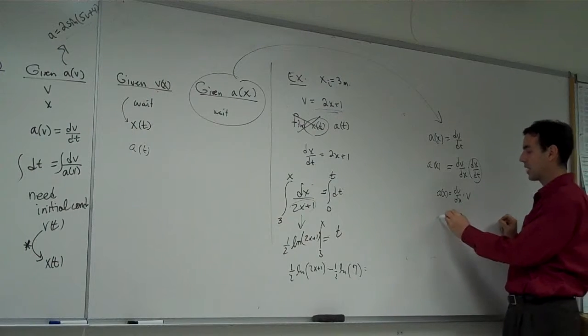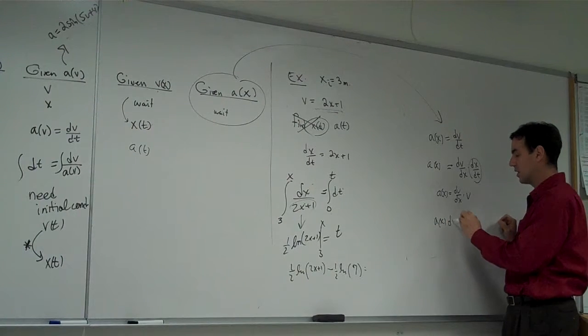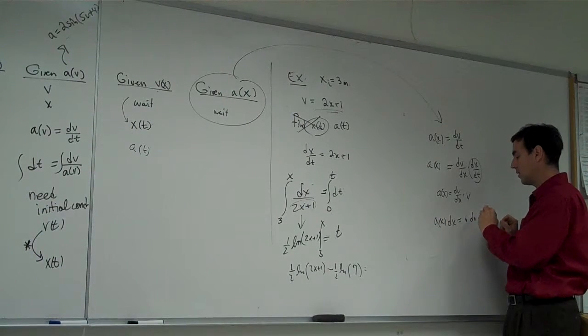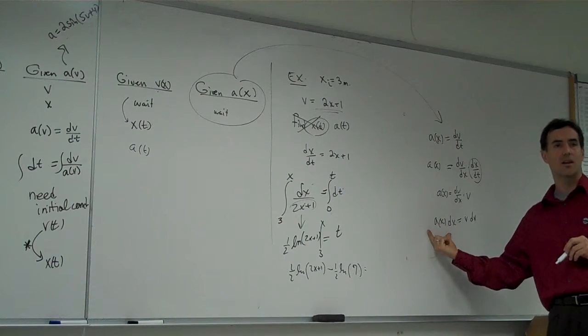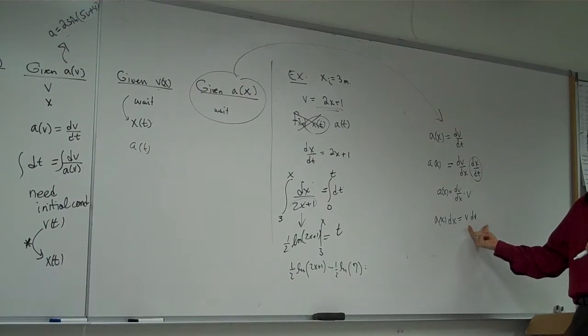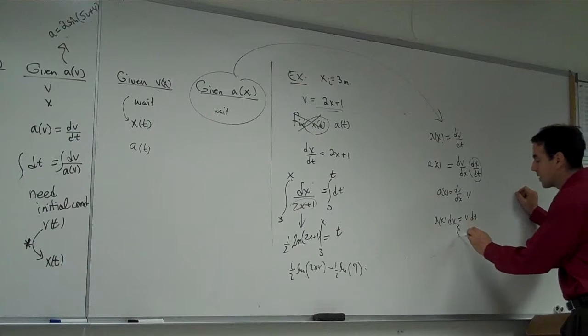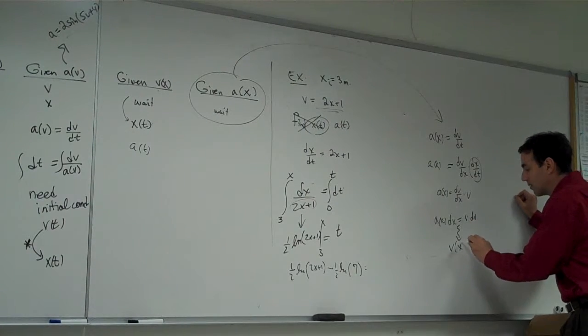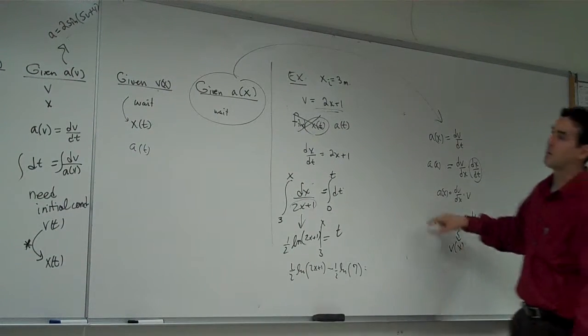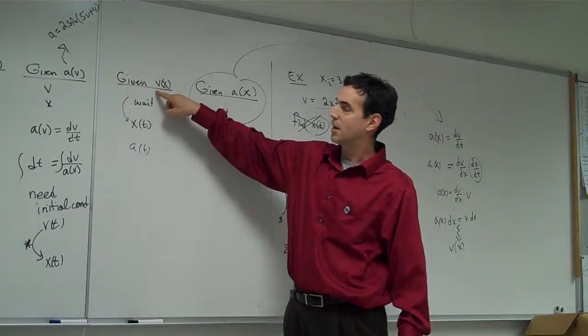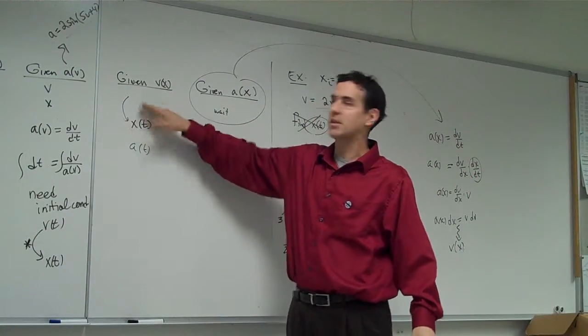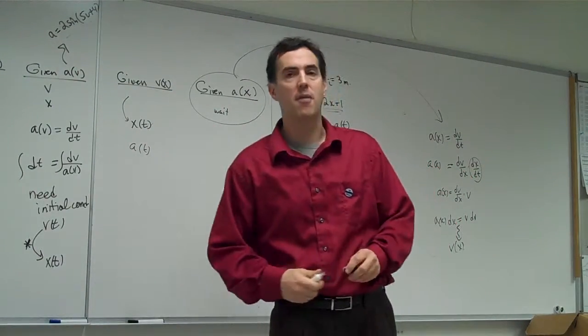Multiply by dx. I get a as a function of x, dx equals v dv. I've got all the x's on the left side, all the v's on the other. And when I integrate, this is going to end up giving me some velocity as a function of x, which takes me back to this. Remove the weight because we already did an example with that, and I'm off and running.